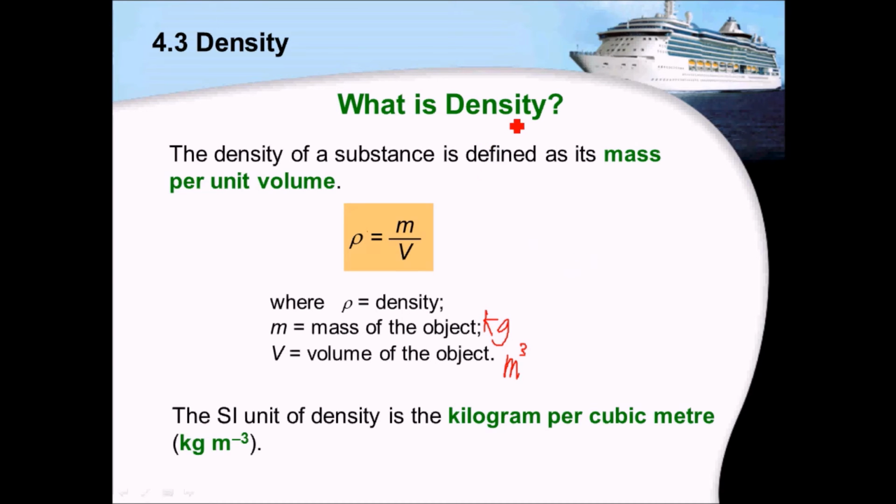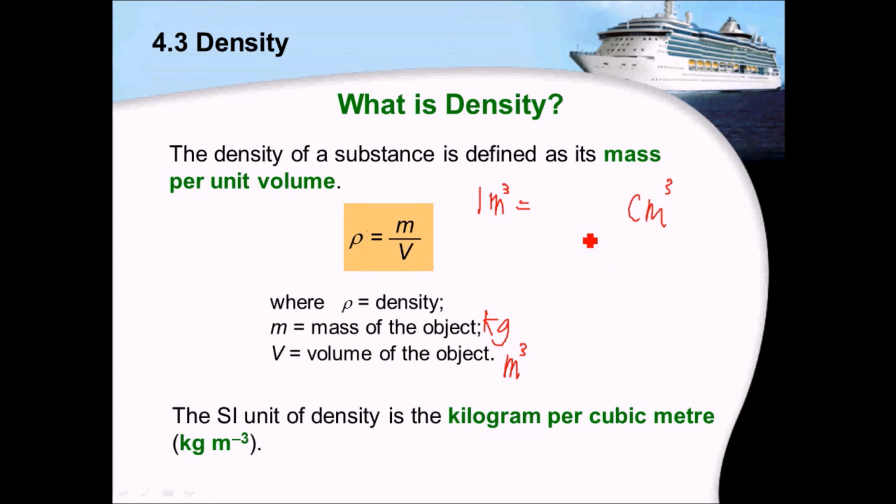Okay, so since we are at this part of the lesson, let me just bring your attention to the conversion between 1 meter cube and how many cm cube. A lot of students have this wrong idea that 1 meter cube is equal to 100 cm cube.